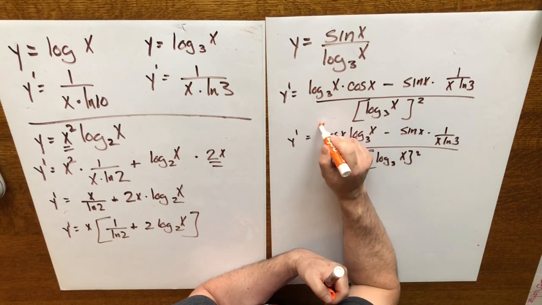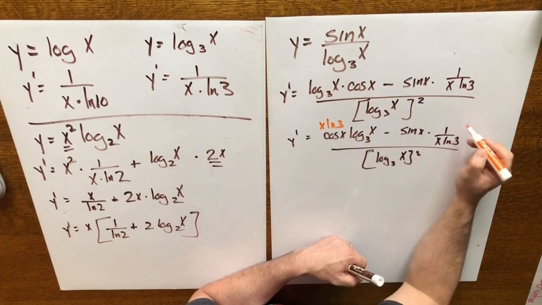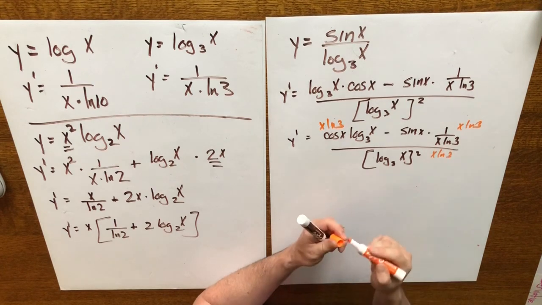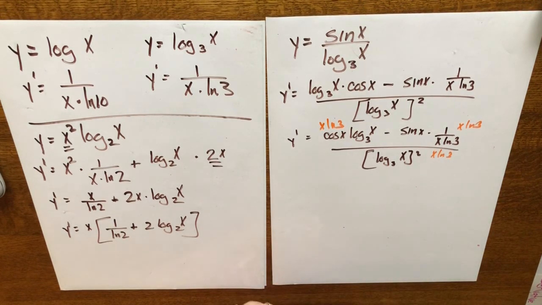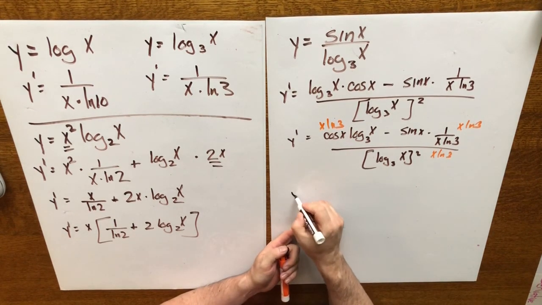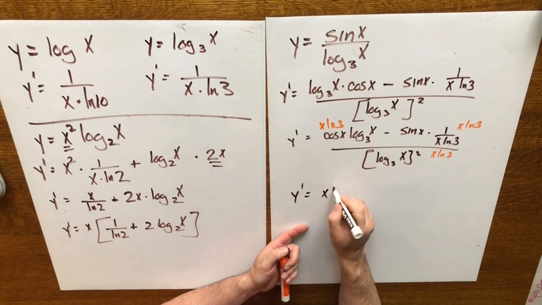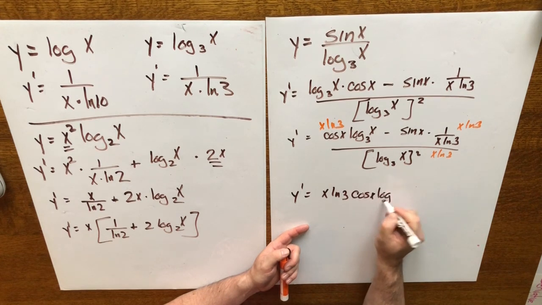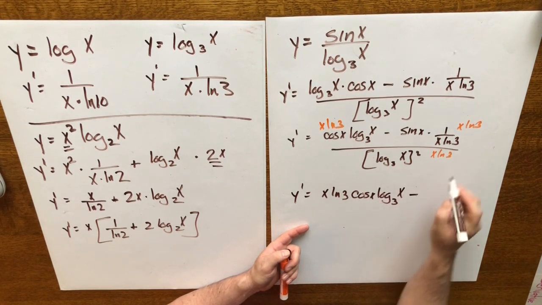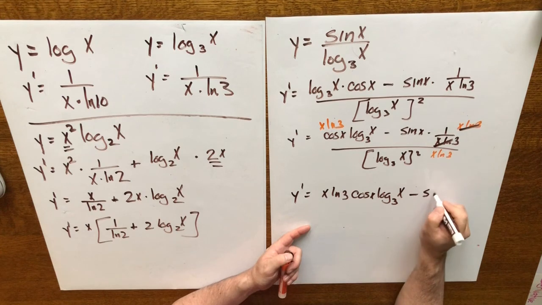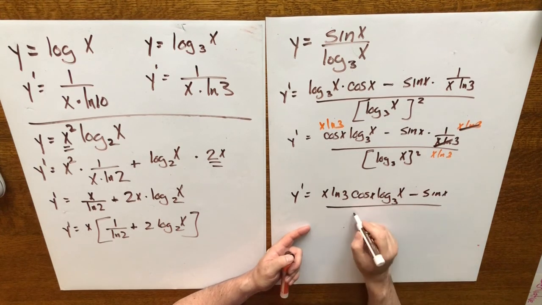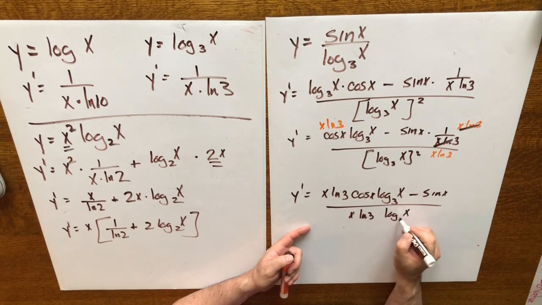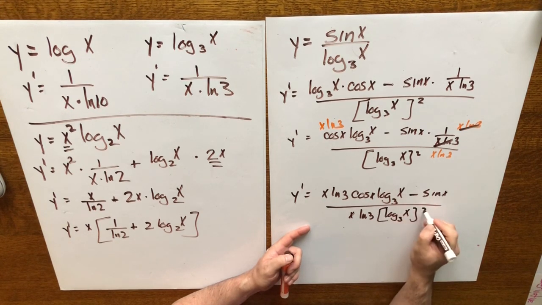I think I'm going to multiply everything by x ln 3, and we would get our final answer to be this: y prime equals x ln 3 cos x log of x to base 3 minus sine x, all over x ln 3 log of x to base 3 all squared.